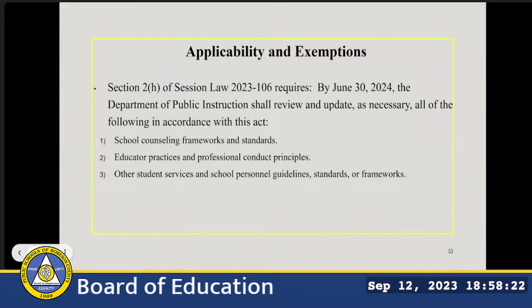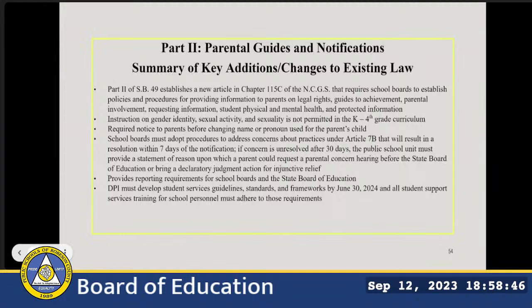If you think about the requirements for teachers and counselors and social workers and school librarians and everything else that are included in the evaluation instruments and the standards that they have to deal with children, all of that has to be reviewed by DPI by the end of the current school year and updated to comply with this act.